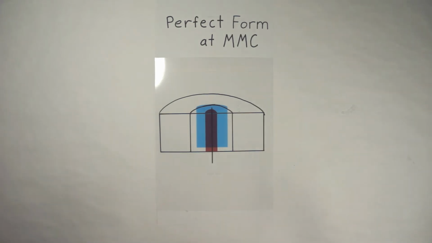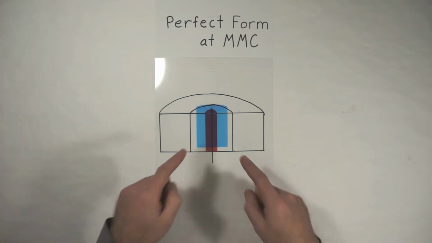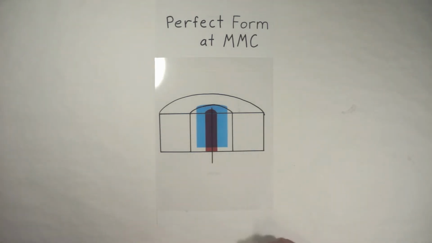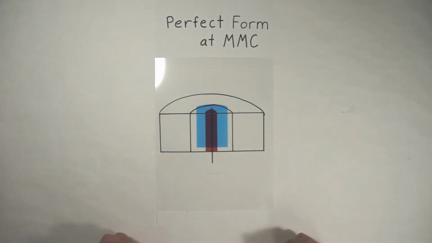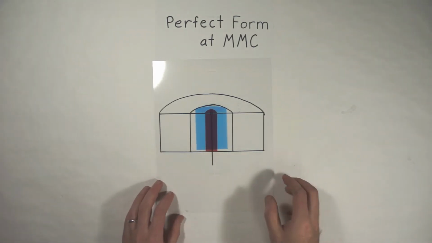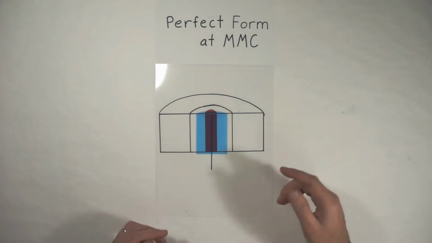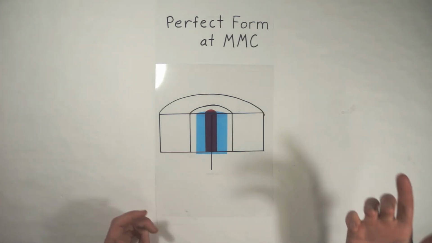Well, the people who came up with the GD&T, geometric dimensioning and tolerancing standard, came up with a really brilliant, simple solution, and it's the basis for this whole virtual condition boundary concept. And what that is, it's called perfect form at MMC.